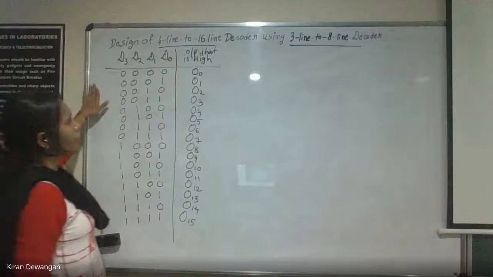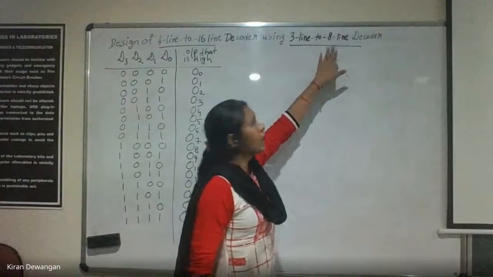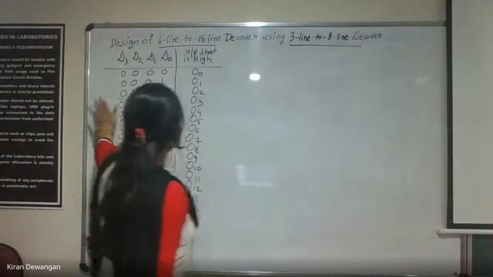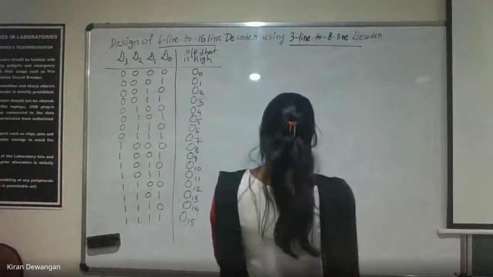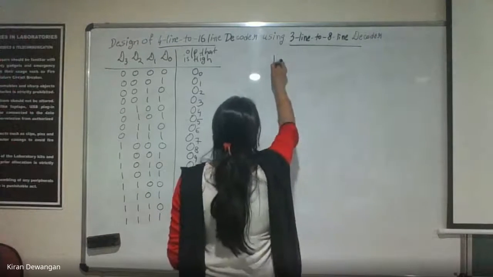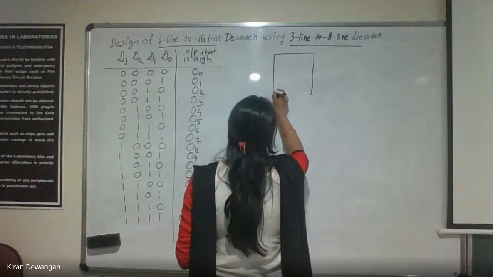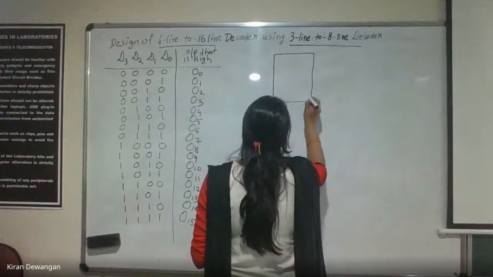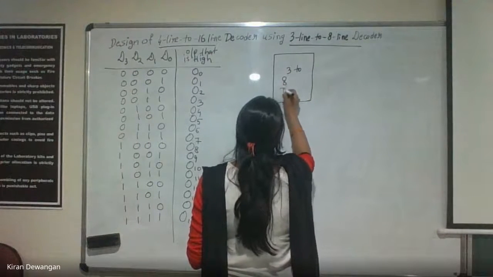But our purpose is to use a 3 line to 8 line decoder. We have to design this using that. So let us take a 3 line to 8 line decoder. This is my 3 to 8 decoder.